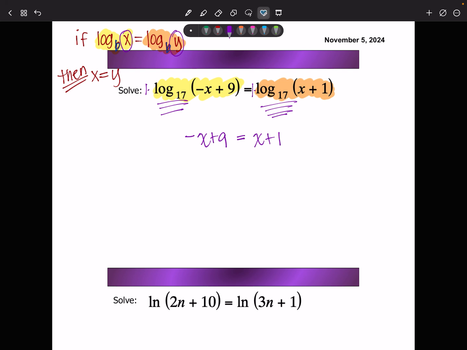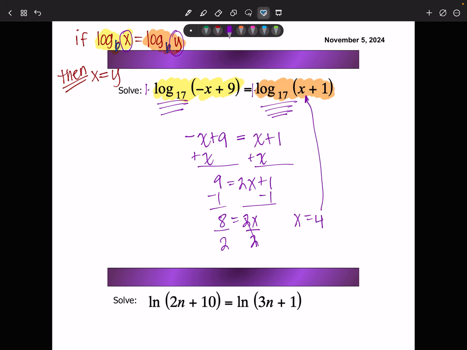So we're going to add x to both sides. And I get 9 equals 2x plus 1. I subtract 1 from both sides. 8 equals 2x. Divide both sides by 2. And x equals 4. When I put a 4 back into this argument right here, 4 plus 1 is positive, so that works.